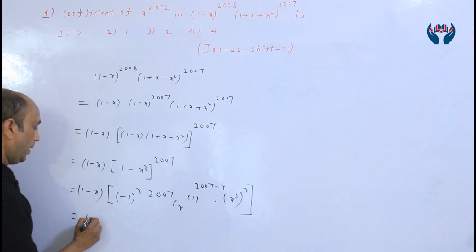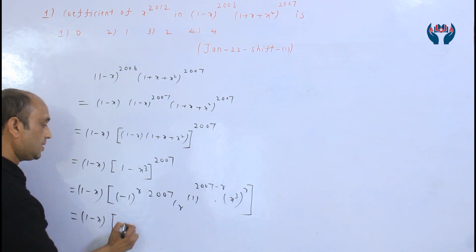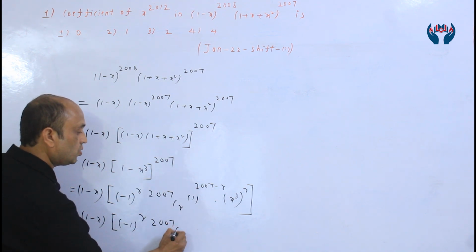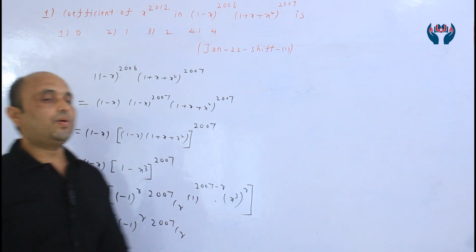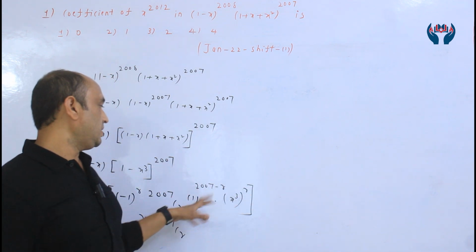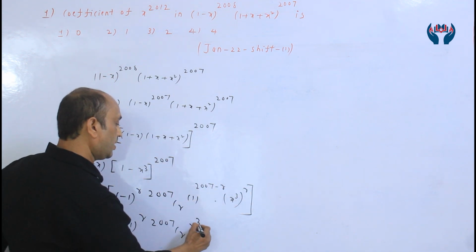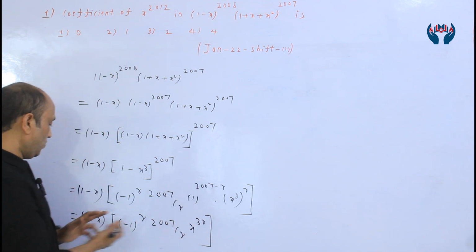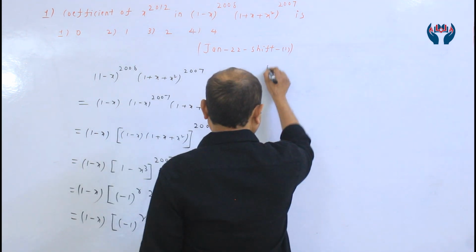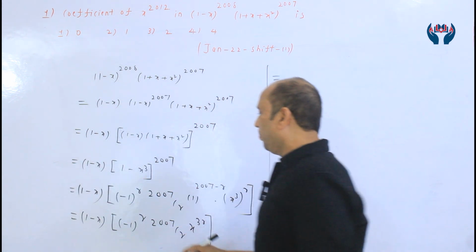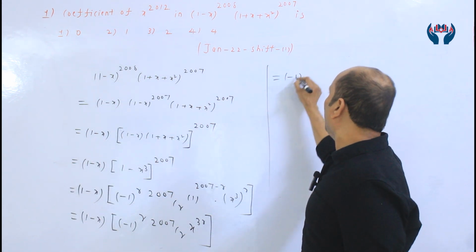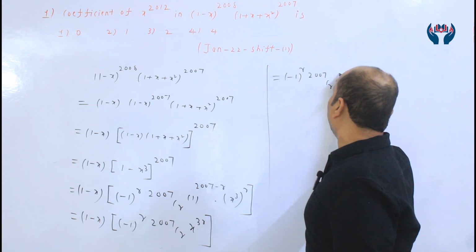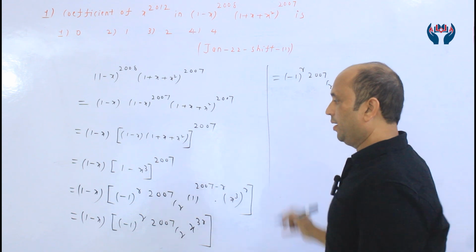So now 1 minus x into minus 1 whole to the power of r, 2007 CR. 1 to the power of 2007 minus r is 1 only. Here we get x to the power of 3r. Multiply this whole thing with 1, again we get the same term: minus 1 whole to the power of r, 2007 CR, x to the power of 3r.